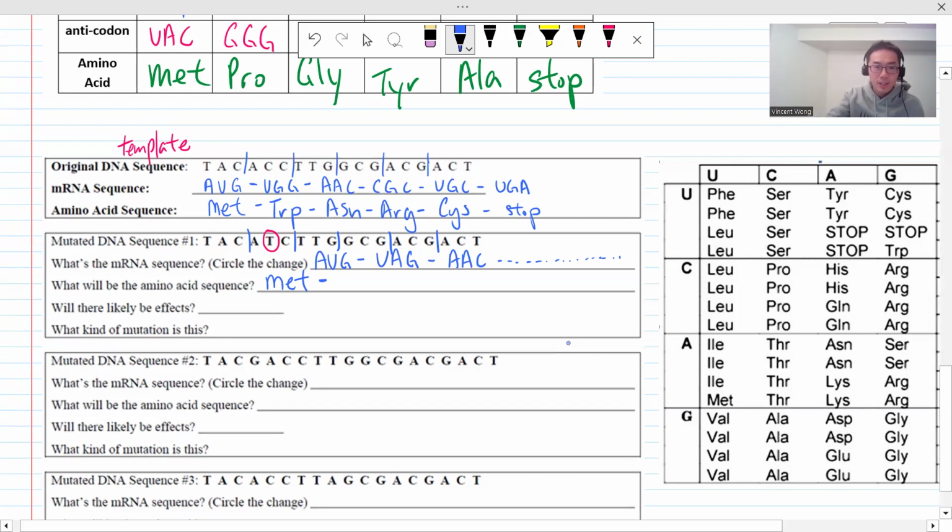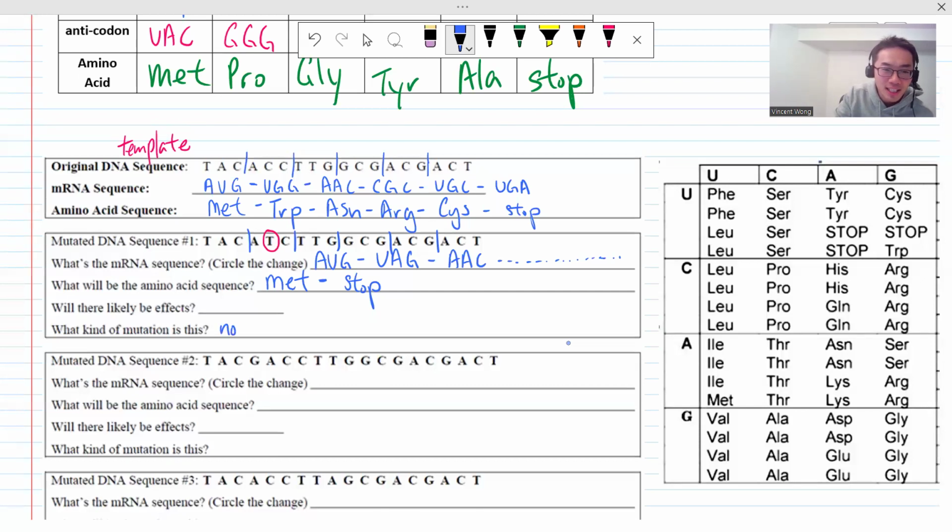That's right, Leah. It's the stop codon. UAG is the stop codon. What kind of mutation is this? What do we call this? Nonsense. This is nonsense. Such a fitting word, right? This is nonsense.